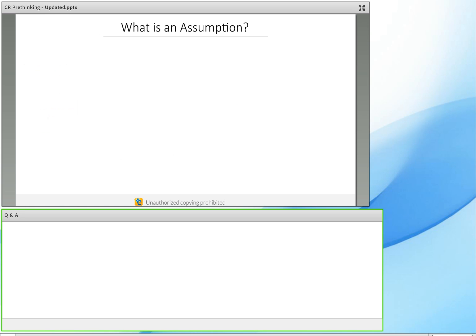Ankur says, could you always pre-think? That's a great question, Ankur. I'll tell you, as a skilled pre-thinker, I'm able to precisely pre-think about 75 to 80% of the time. I'm able to coarsely pre-think 100% of the time.